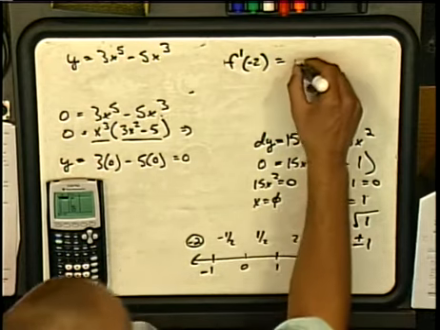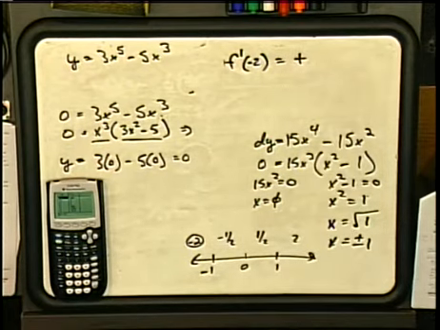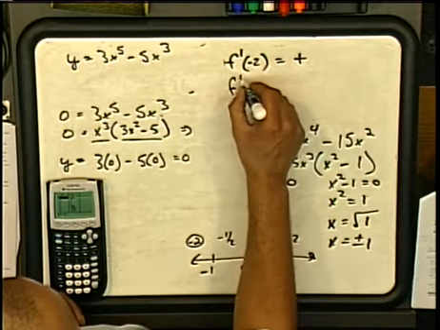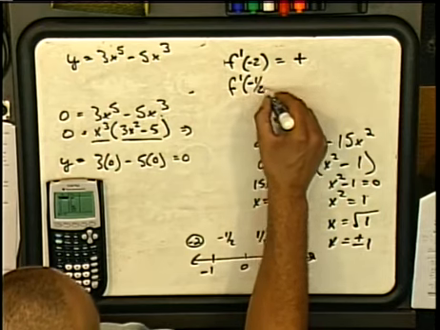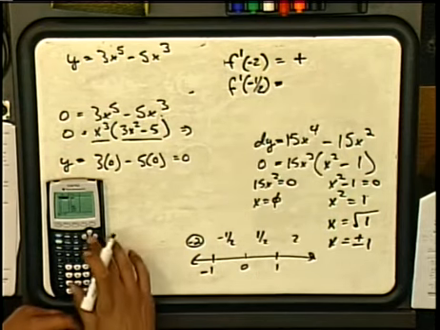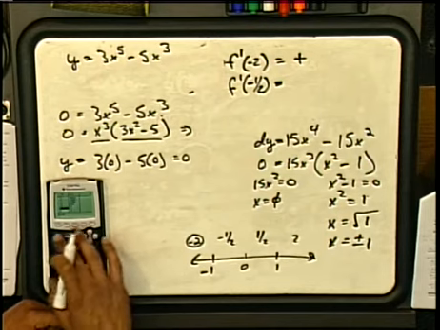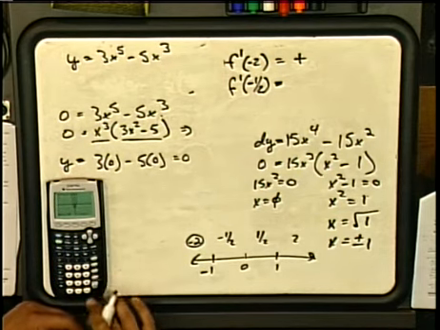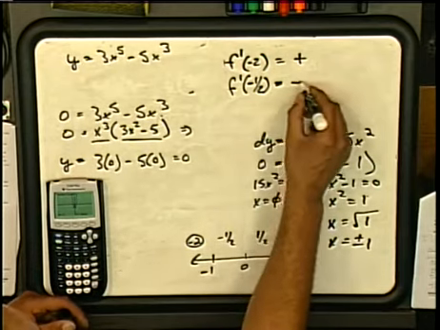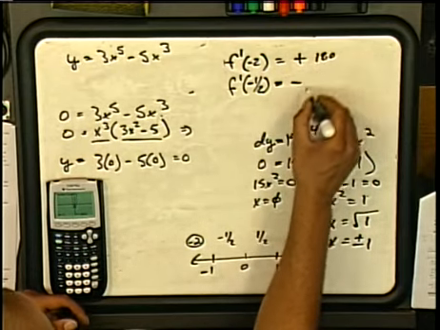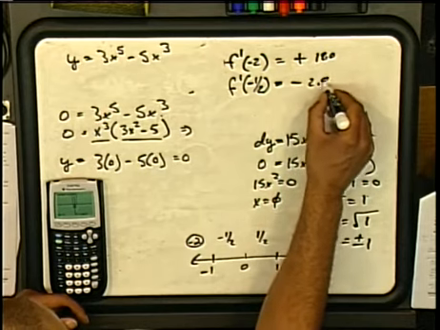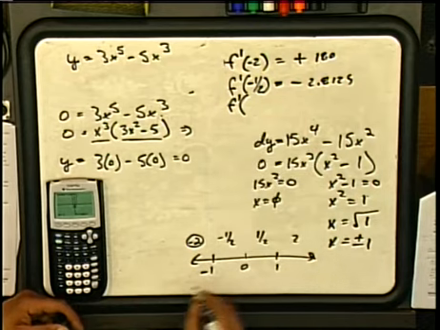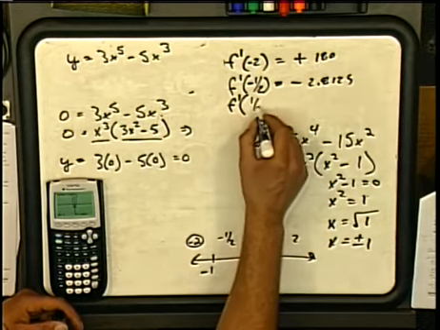It equals 180, but you're just worried about positive and negative. So f prime of negative 1/2 equals, plug that in, negative 2.8125. Oh, 1/2.